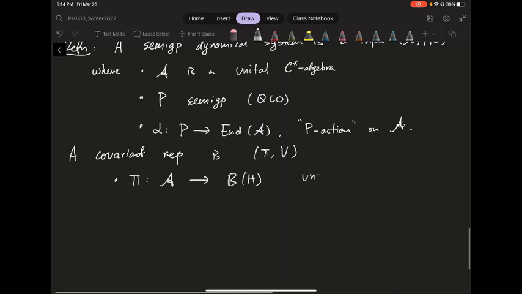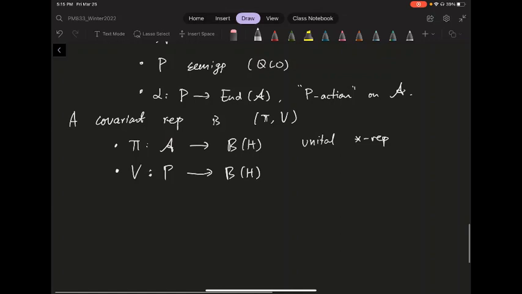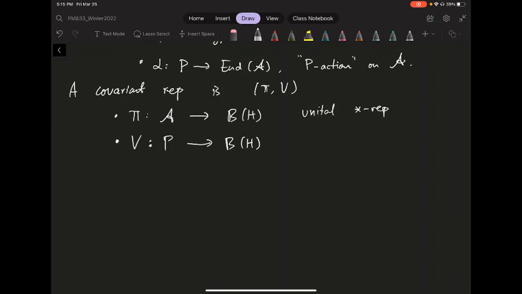Let's assume C-star algebras are unital, so let's assume this pi is a unital star representation. And V is a representation of your semigroup. We don't even need to assume P is a quasi-lattice order, but all the examples we have will be quasi-lattice order.